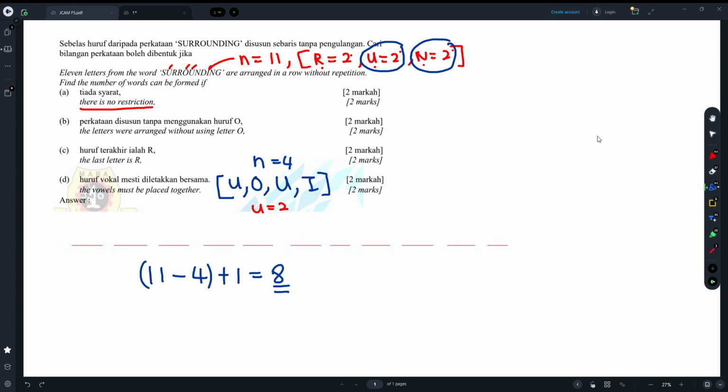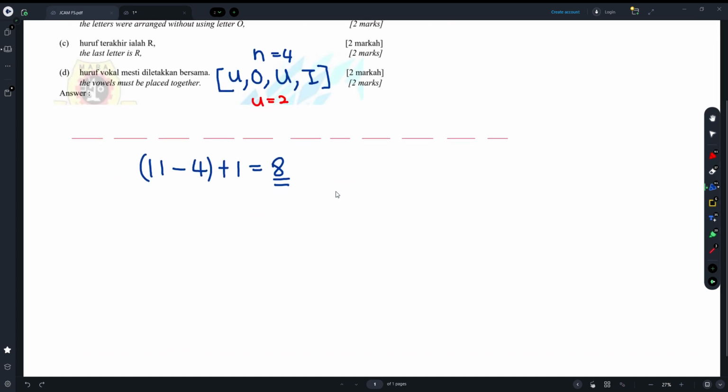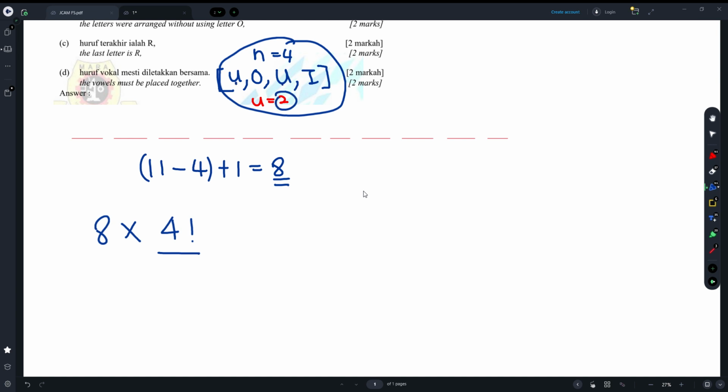So now we know the vowels can be placed together in 8 different ways. So we're going to put 8 and then we're going to put 4 factorial because we have four of them, right? So 4 factorial, divided by, because there is a repetition of U and U, 2 factorial. Multiply by, of the total 11 letters, 4 have already been used up here, so the balance must be 7 factorial.